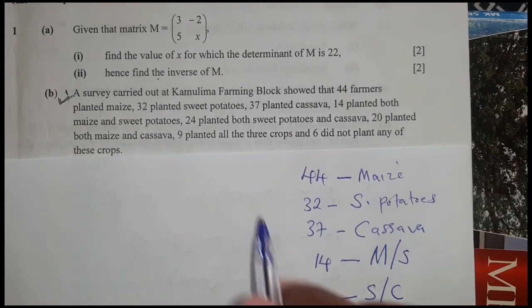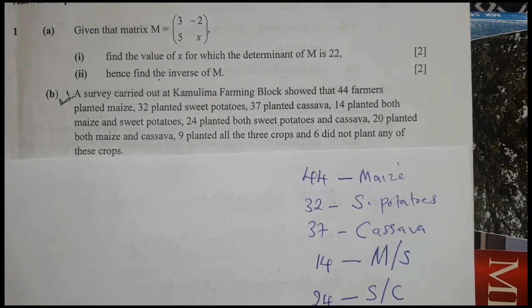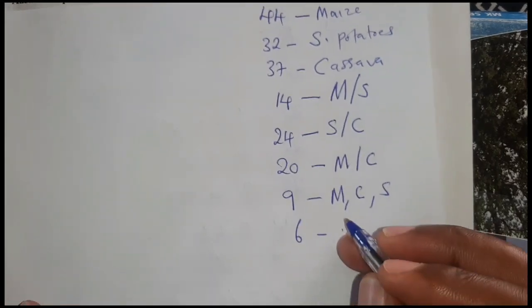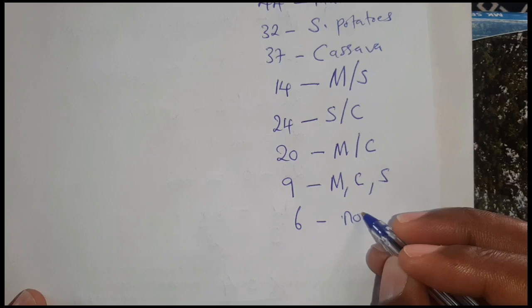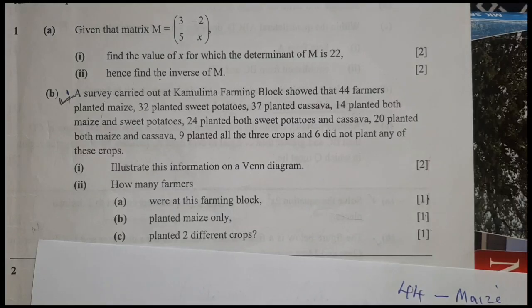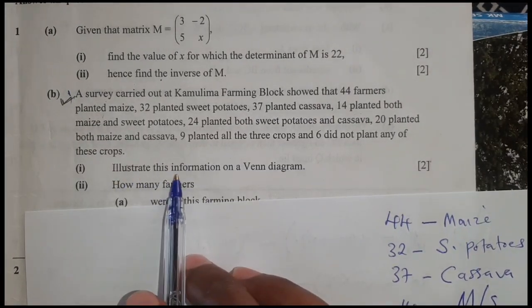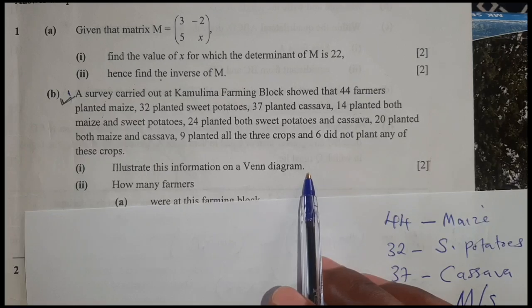Then we have 9 who planted all the 3, so these they planted maize, cassava and sweet potatoes. Then 6, none, okay, they didn't plant any of the three crops that are there. So they're saying illustrate this information on a Venn diagram.